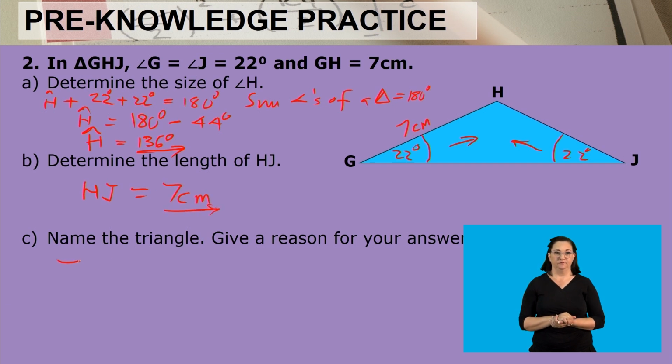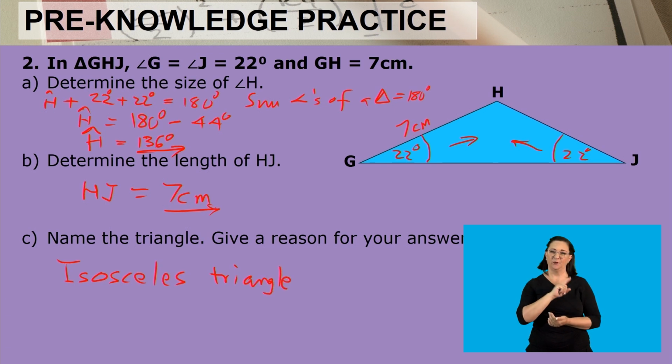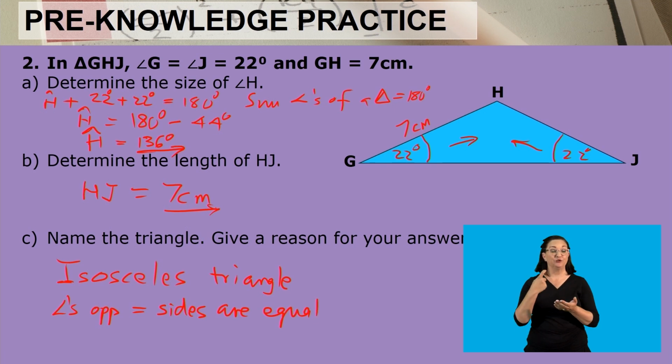And of course, we had already said it is an isosceles triangle. Why do we say that? Because the angles opposite equal sides are equal. Don't forget to always put a reason with your statement to show your understanding of the work that you're doing.